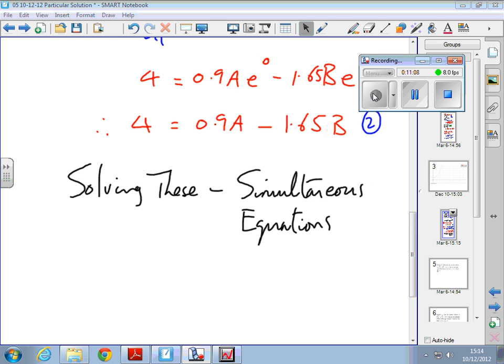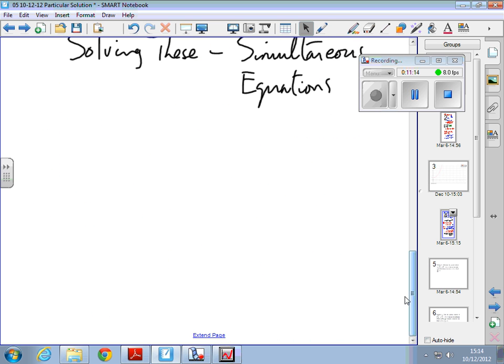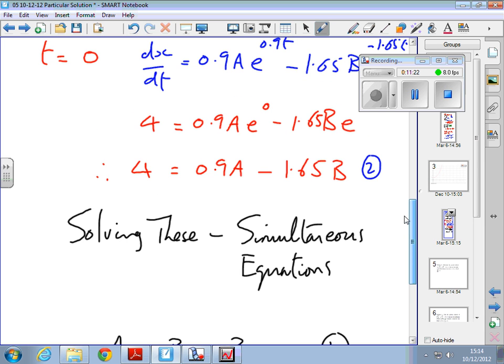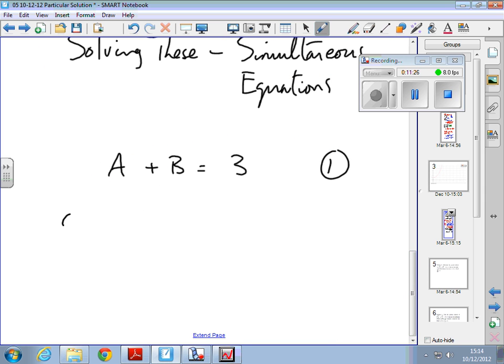So solving these simultaneous equations, you've got two equations. One, a plus b equals 3. Two, 0.9a minus 1.65b equals 4.